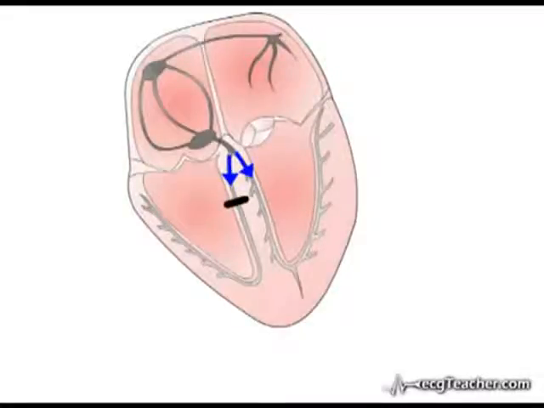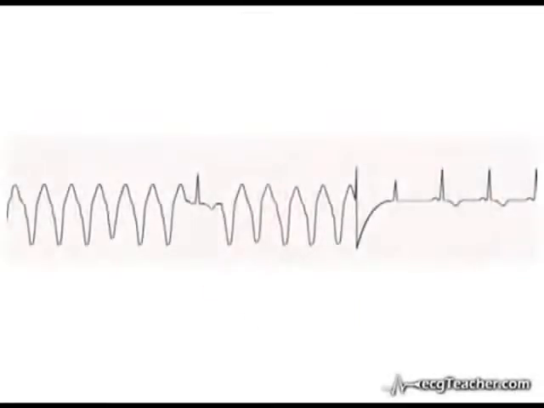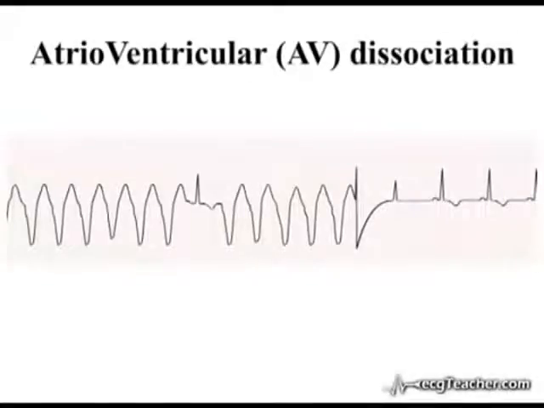Distinguishing such a broad complex tachyarrhythmia from VT is a major challenge, which we will discuss in section 5. There are several features of VT which help us to make this distinction. Far from being detailed, a knowledge of these features will come in very useful. We will now deal with the most important of these features, atrioventricular dissociation.